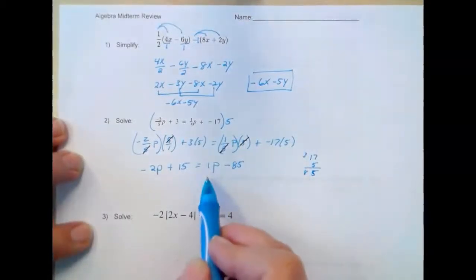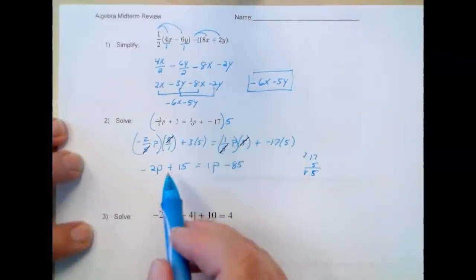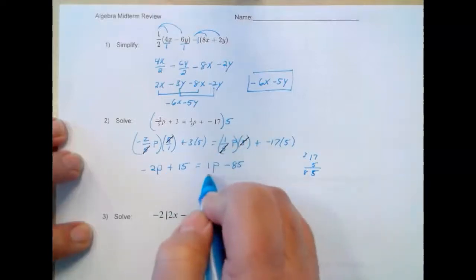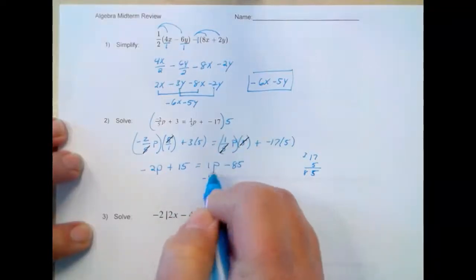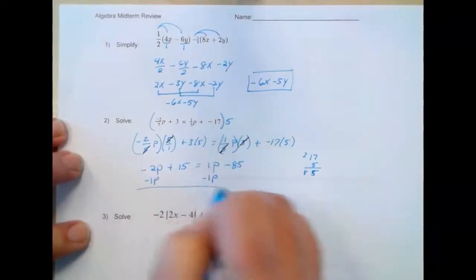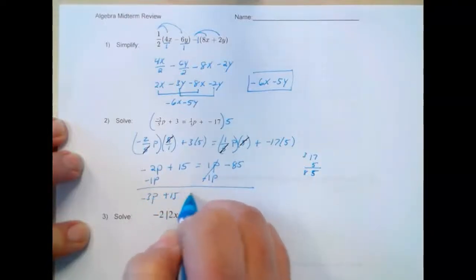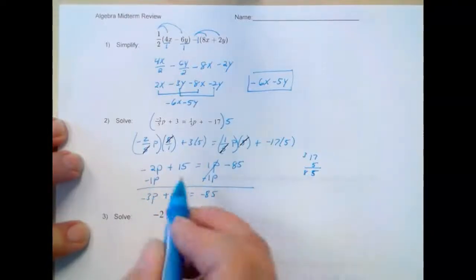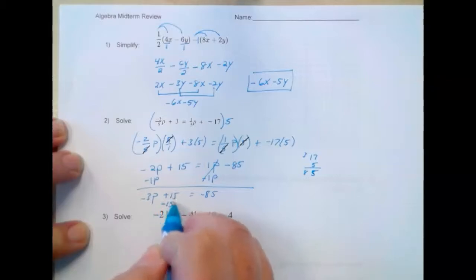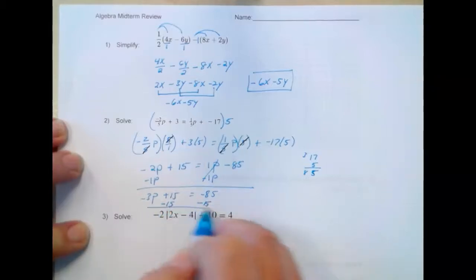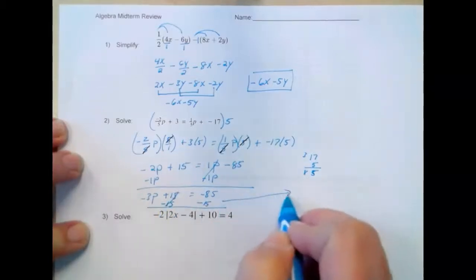And then to solve, you want to bring all your p's to one side and everything that doesn't have a p to the other. So to move the 1p, I'm going to subtract 1p. So I'll have -3p plus 15 equals -85. Next, I'm going to move the 15 over, so I'm going to subtract 15 from both sides. I'm running out of room, so I'm going to come over here.